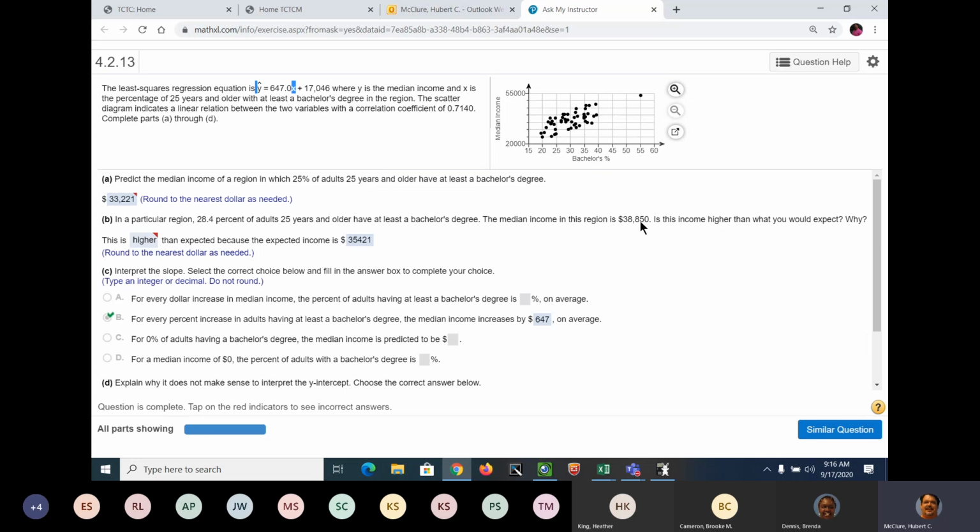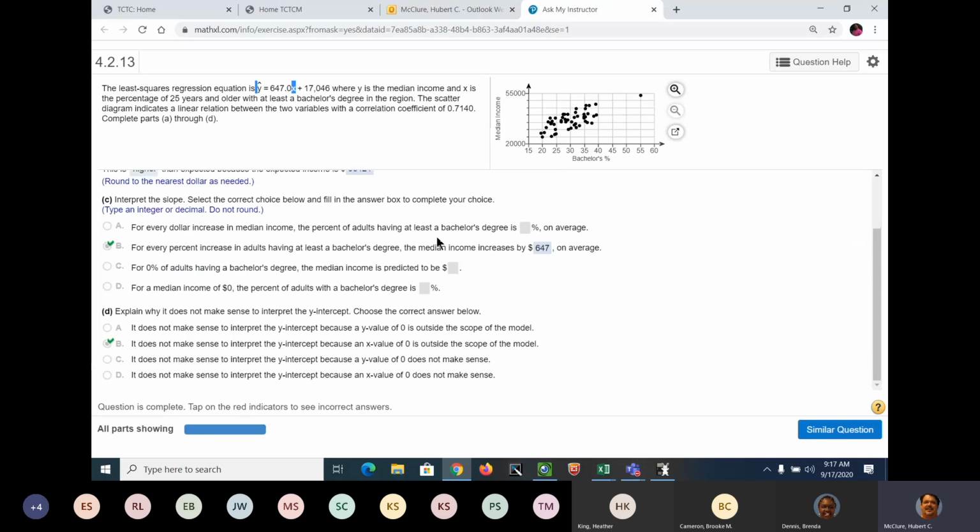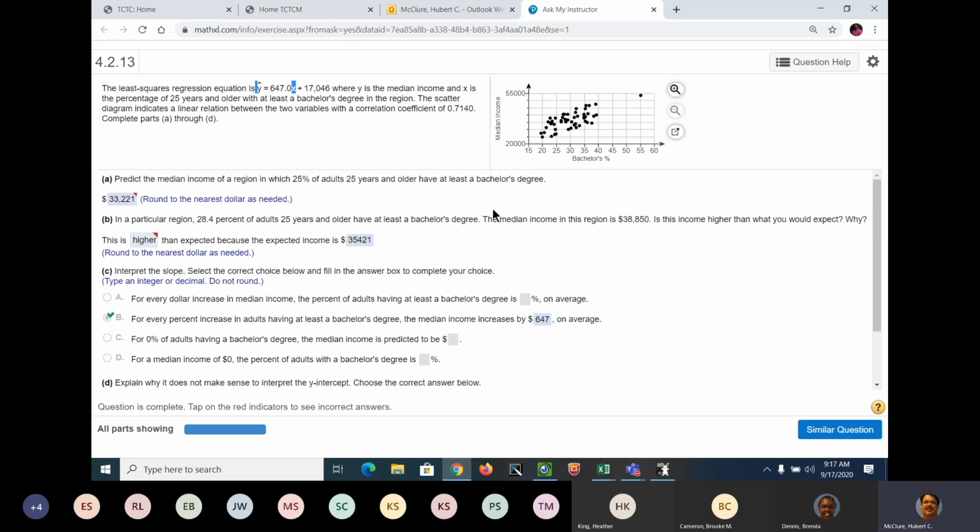If this was 34,000, then it would say lower than expected. This one, 647, the median income increases. Just look for that median income increases. And here you're looking for X is outside the scope. Not a very good question.